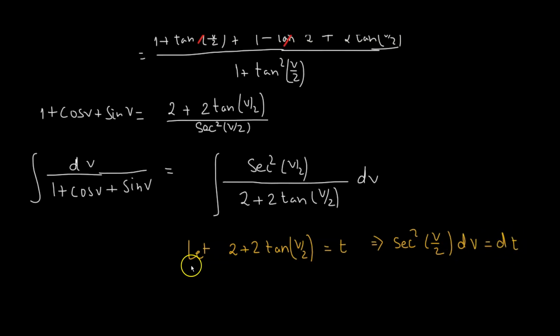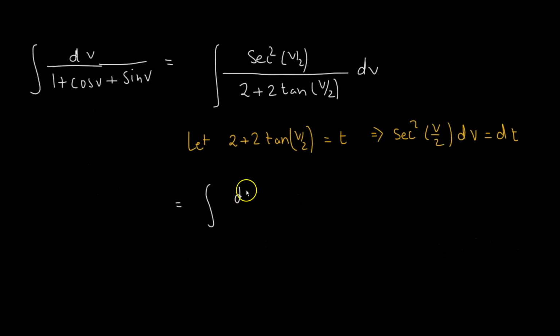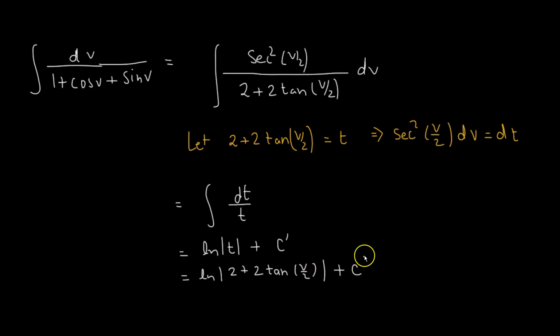So that means our integral now becomes dt divided by t, and that's simply natural log of t plus some constant of integration c. Let's call it c prime. Log of t, where t will be replaced with 2 plus 2 times tangent of v over 2, plus c prime.